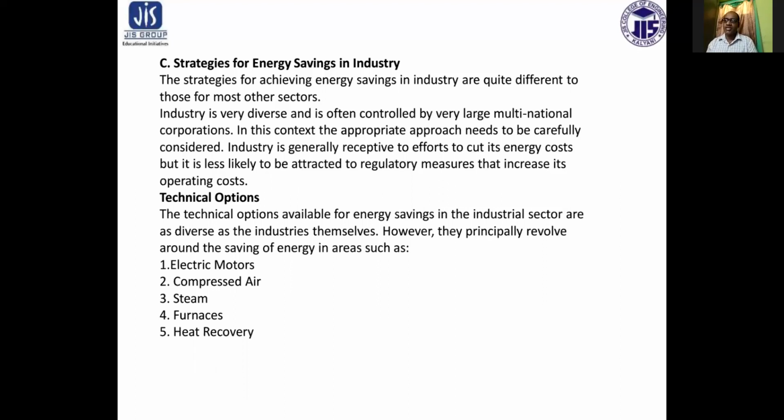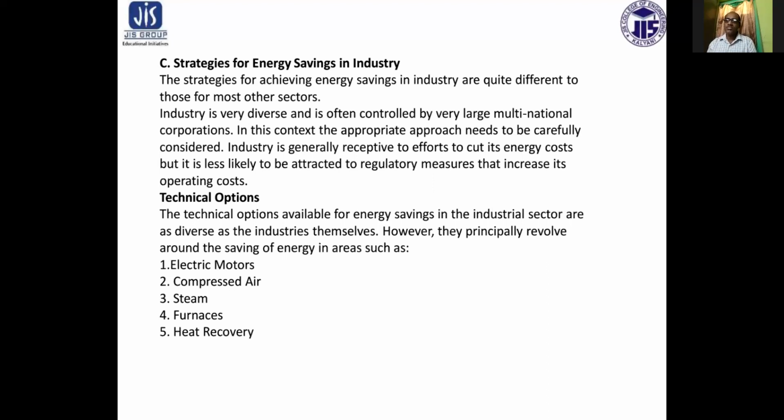In this context, the appropriate approach needs to be carefully considered. Industry is generally receptive to efforts to cut its energy cost, but is less likely to be attracted to regulatory measures that increase its operating cost.